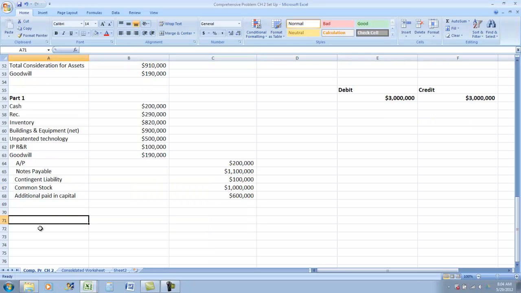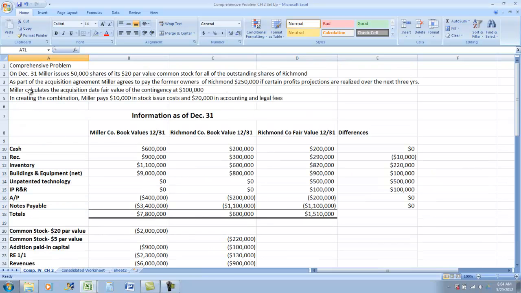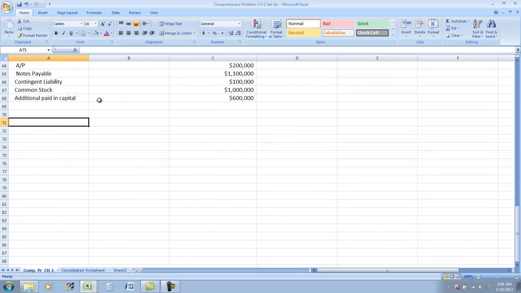We do have to remember that, if you go back to the top of the problem, Miller also pays $10,000 in stock issuance costs and $20,000 in accounting and legal fees. We will have to take care of this. So the $10,000 stock issuance costs reduces additional paid-in capital.